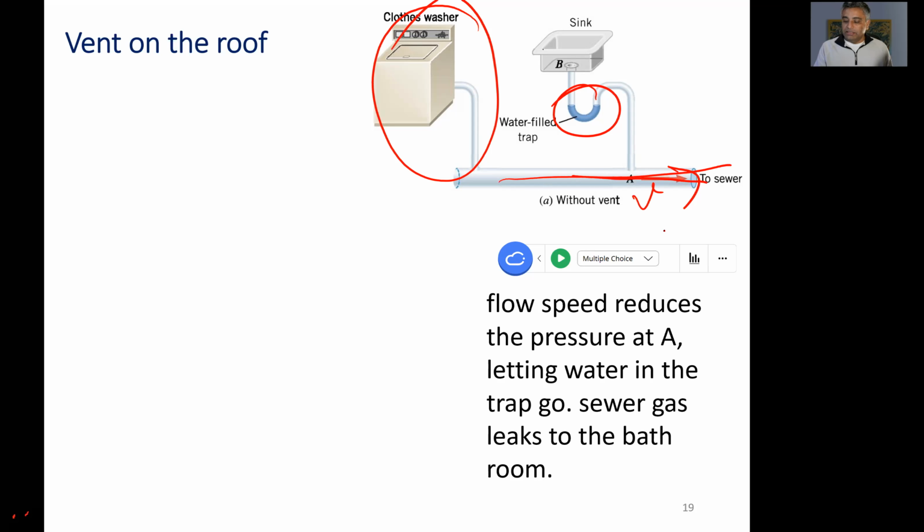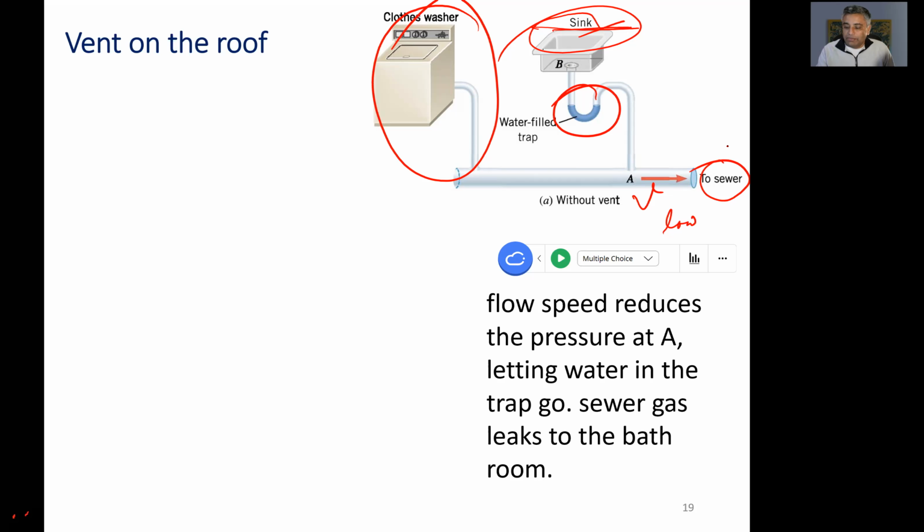High speed, low pressure. And what can happen? Low pressure there and high atmospheric pressure on the top. Because of the flow, pressure is lower, means the water in the trap can just get out from there. Hey, that's a nice thing. It got out, right?